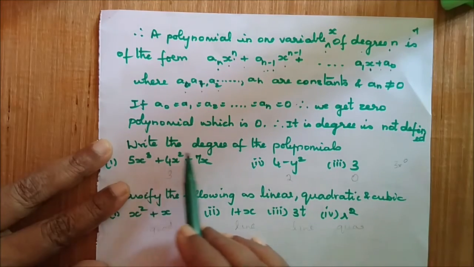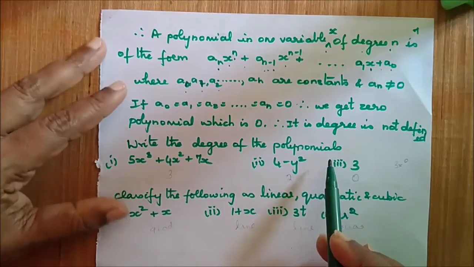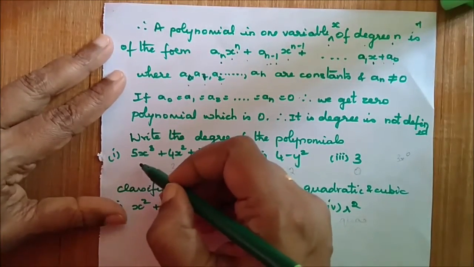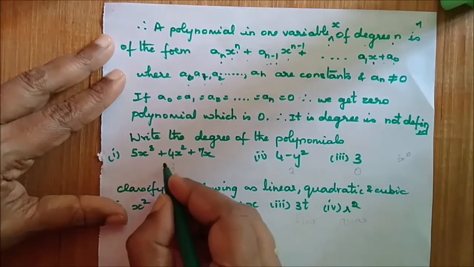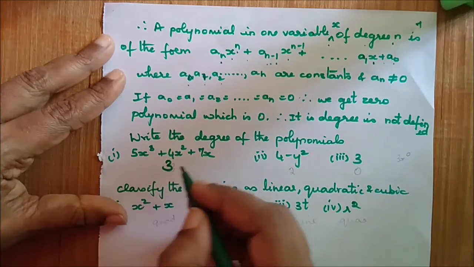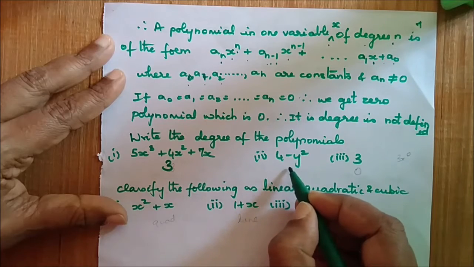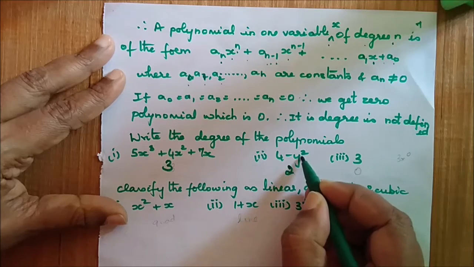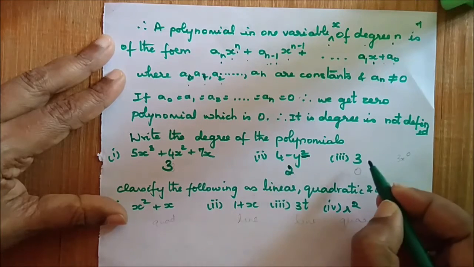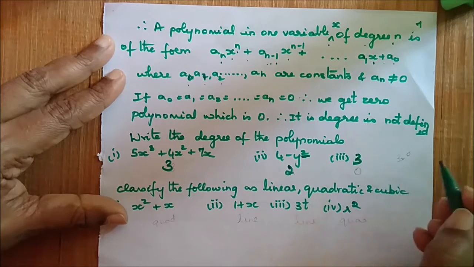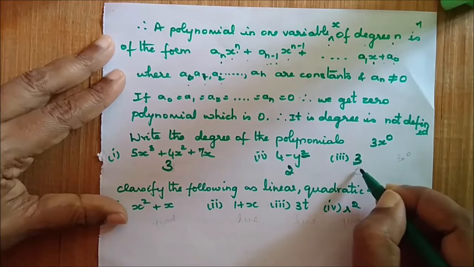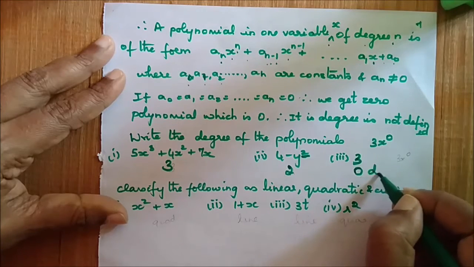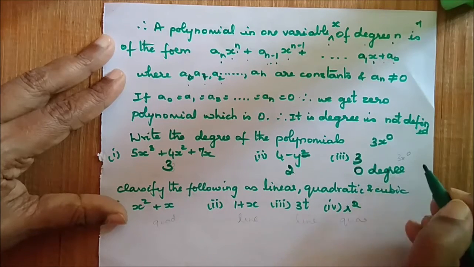Okay. Write the degree of the polynomials. Now I have been given 5x cubed plus 4x squared plus 7. What is the degree of this polynomial? It is 3. 4 minus y squared, the degree is 2 here. When I am given 3, you can write 3 as 3 into x to the power 0, or in other words the degree of this polynomial is 0.